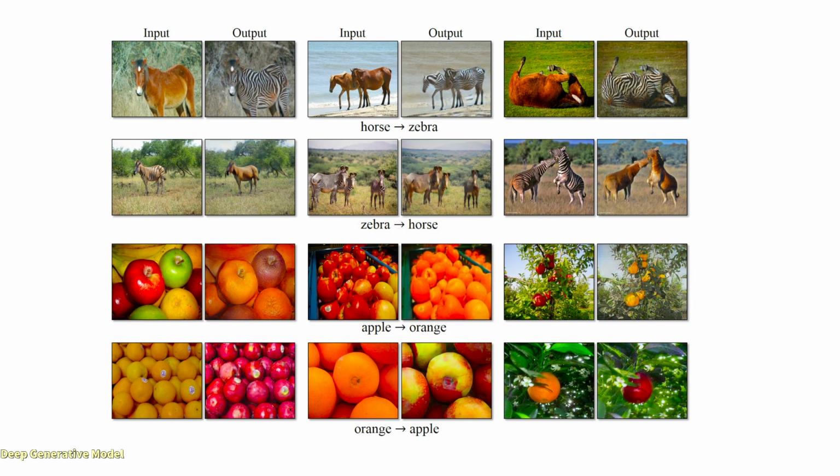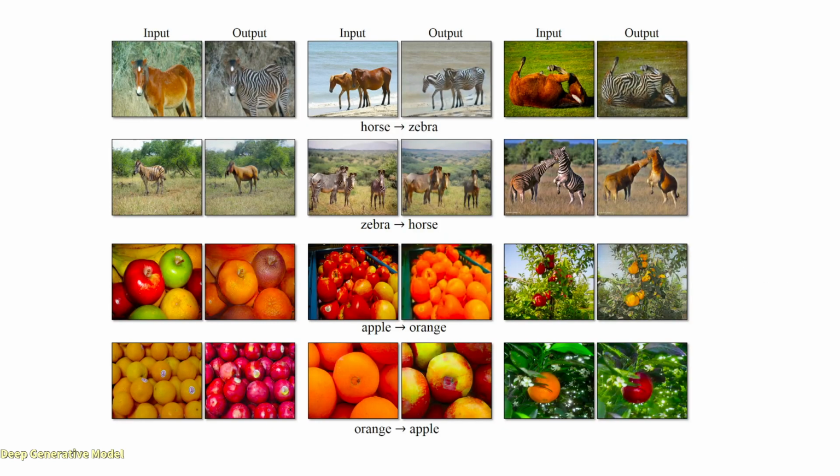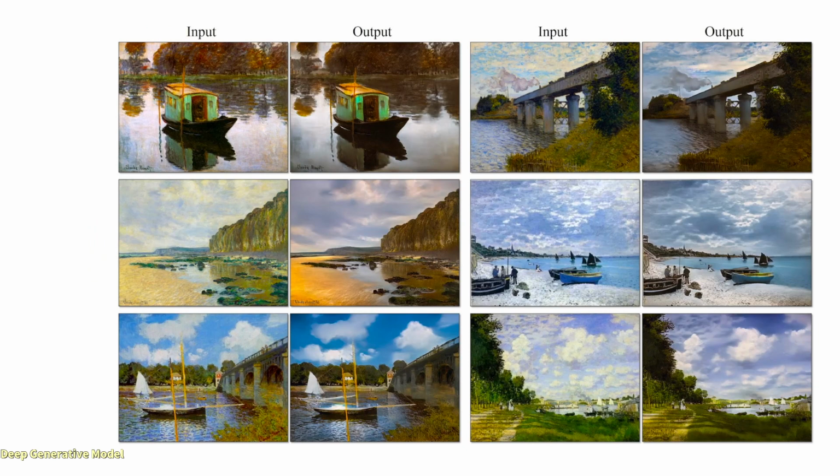But in fact, with CycleGAN, especially if you are using this kind of architecture, you can have a very dramatic transformation from one domain to another very different domain. So this one is also a very typical usage for the CycleGAN. They can do very well.